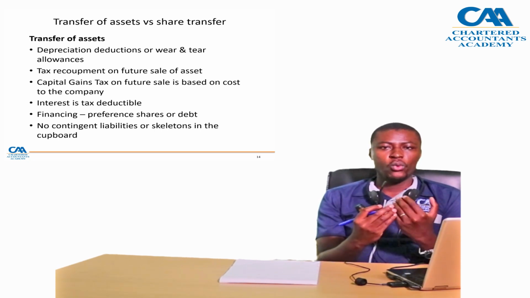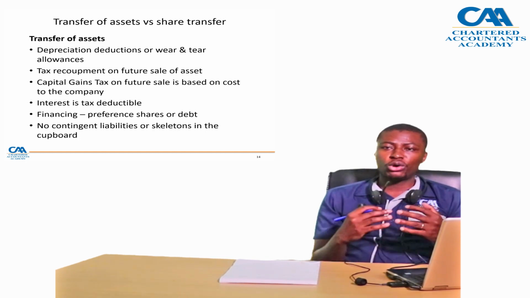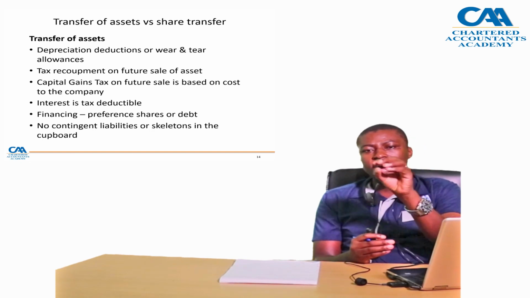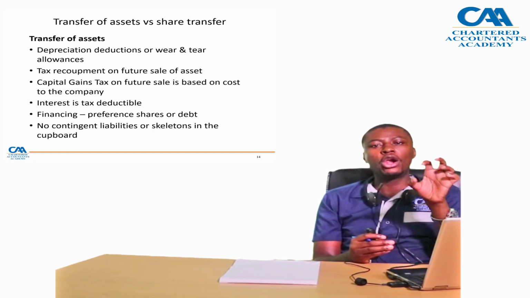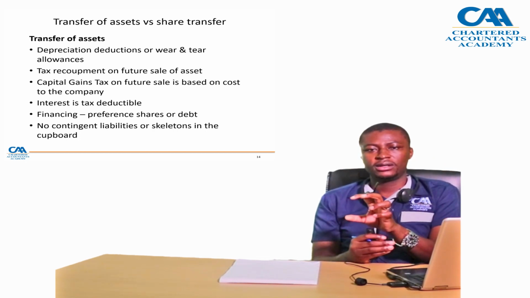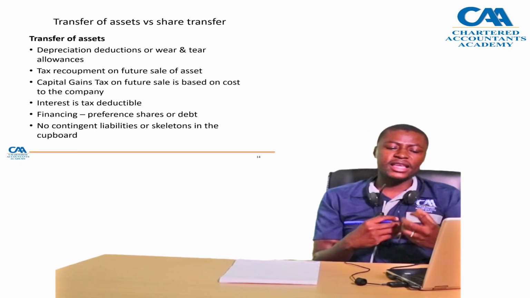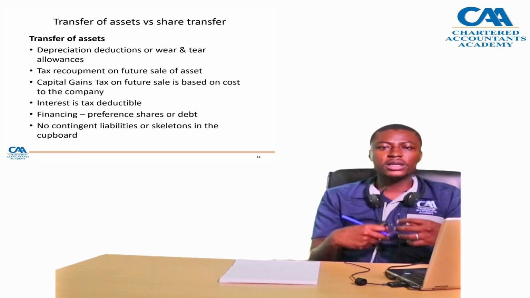And also, when you do an asset purchase, you're not worried about contingent liability or skeletons in the cupboard. Why? Because you've selected the asset that you want to buy. But when you buy a company, there are a lot of unknowns. Contingent liability not disclosed on the financial statements, or any other issues that you may only then come to be aware of when you actually get in.